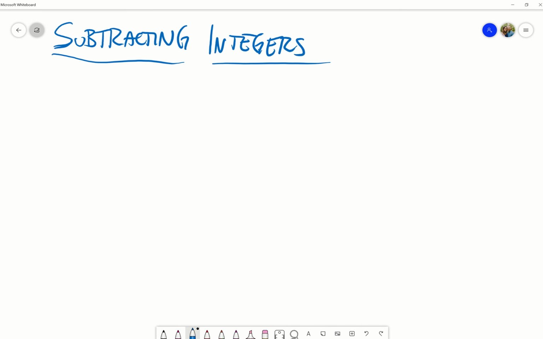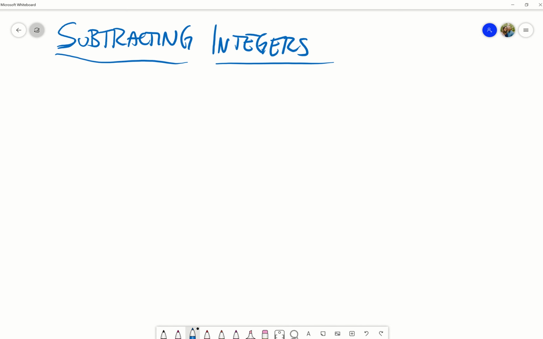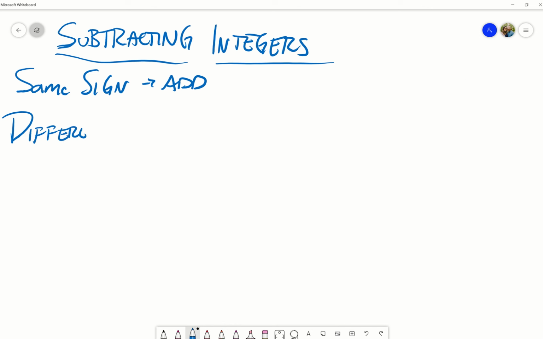Yes, if the integers have the same sign, we add. If they have different signs, we subtract. Okay, same signs we add, different signs we subtract.